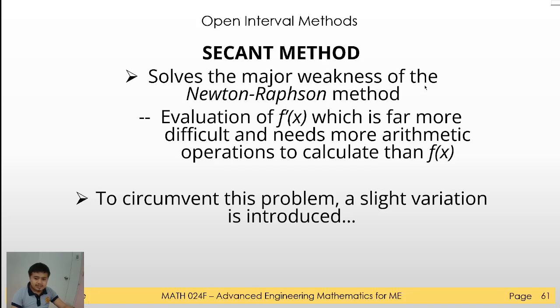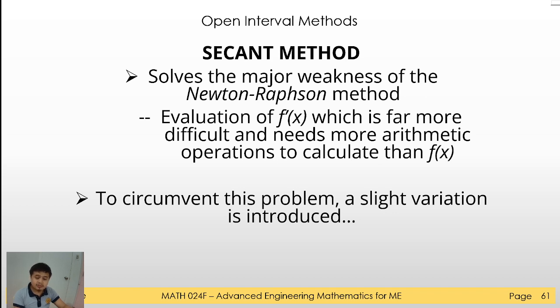All right, hi everyone. So let's continue the open interval methods for the root finding algorithms. An alternative to the Newton-Raphson method is the secant method, wherein this method solves the major weakness of the Newton-Raphson method, no?